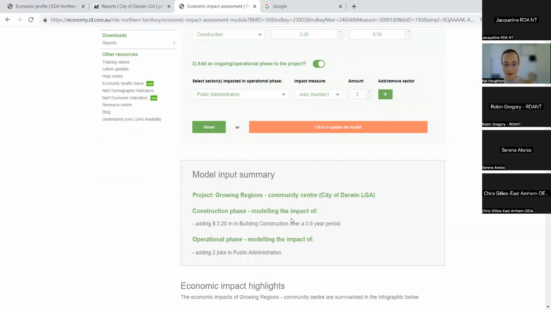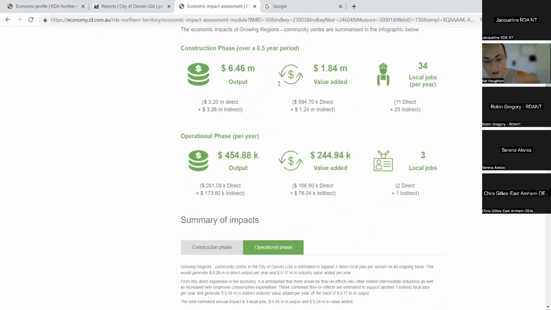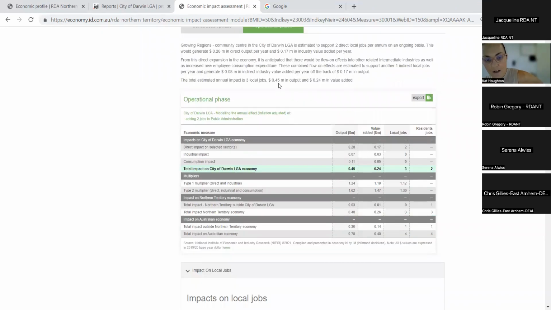The other thing, sometimes these, like the growing regions, I'm not sure who this one's been done through, but the department might ask for additional information outside of what is in these tables. So say, for example, there was one particular grant that asked how many Indigenous people would be employed as part of this project. We can come up with those numbers for you.